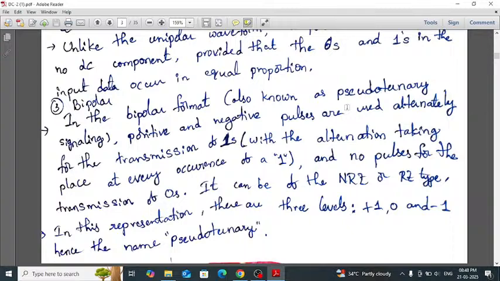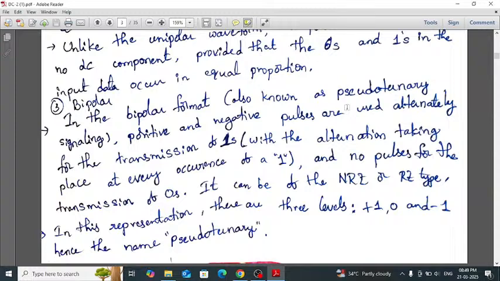And another name for the bipolar logic is, can anyone put in the chat box? What is another name for the bipolar format other than pseudo ternary logic? Just now I told. Shortcut also you can type. Very good.